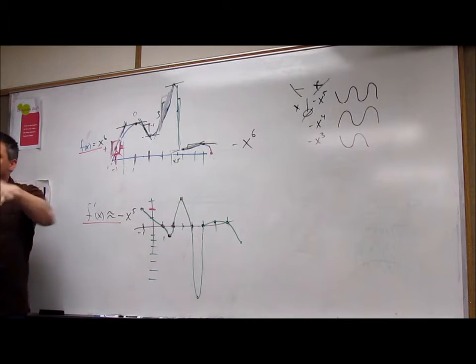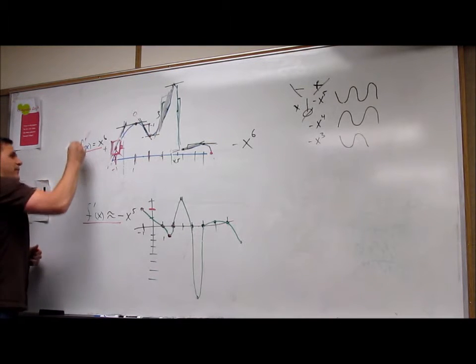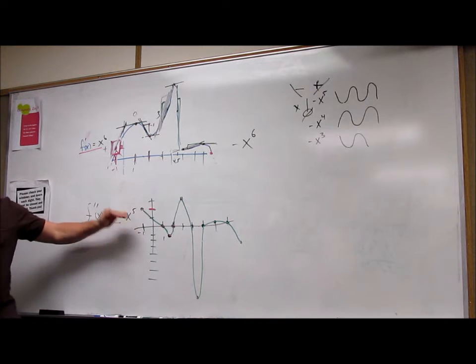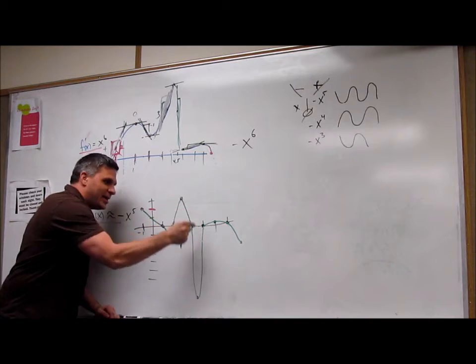Now, to do it really quick, because it's getting late, if you want to go from the first derivative to the second derivative, that's exactly what you do. You look at this function, and you see how it changes, where it's changing. You just keep going.